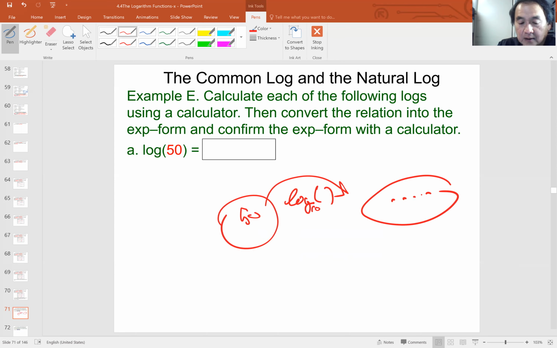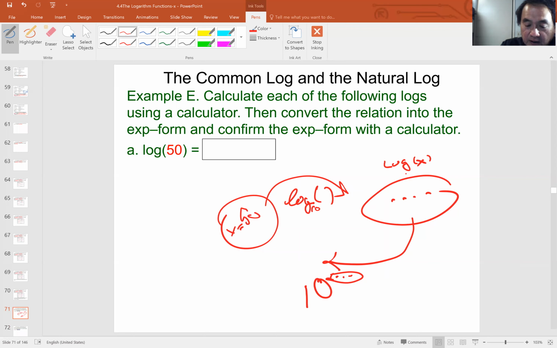How do I get back to the original number I fed in, the 50? I take this number and raise 10 to that power, because that's what log of x is.